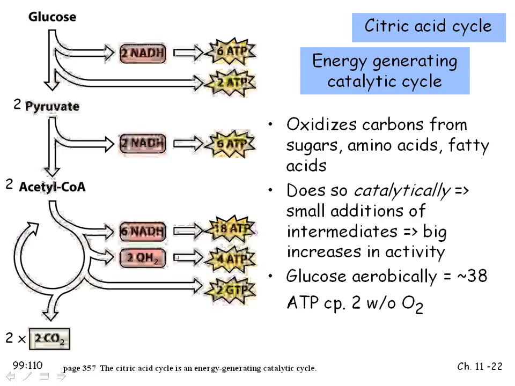So let's stand back a little bit and look at what the citric acid cycle does for us energetically, why it's such a powerful part of the core of metabolism. We looked at glycolysis, and glycolysis as an anaerobic pathway doesn't produce very much energy out of a glucose molecule. One glucose molecule will give you 2 ATP under anaerobic conditions.